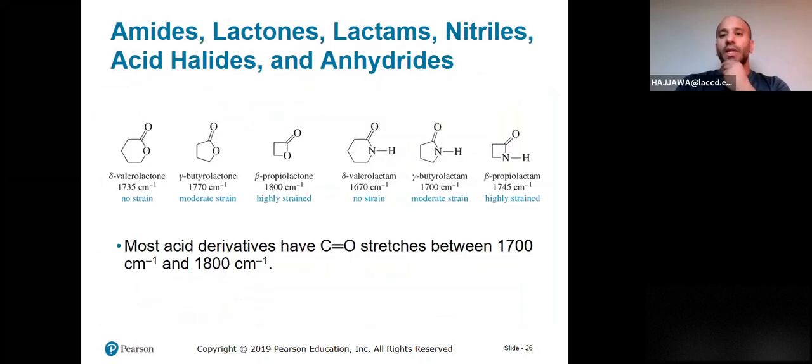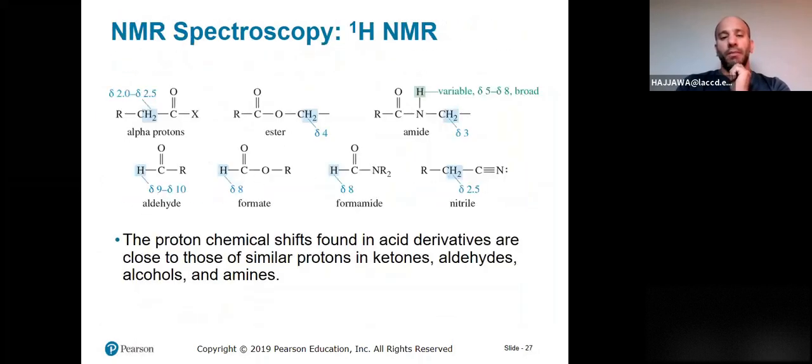We have seen the IR and NMR already in a previous talk, so it's not going to be any different. We should remind ourselves that the aldehyde usually has the hydrogen around 9 to 10, but the carboxylic acid will be a little higher, so it could reach 12 to 14. If I have an alkyl next to a carbonyl, that will be read in the 2 to 2.5 region.